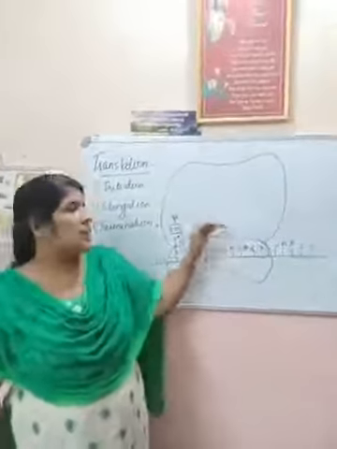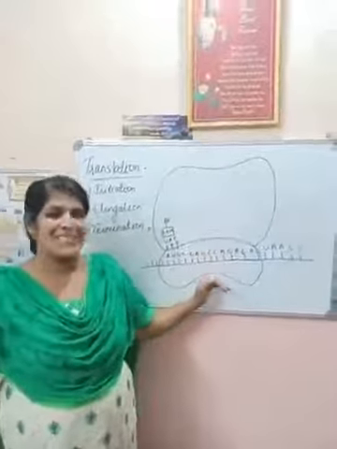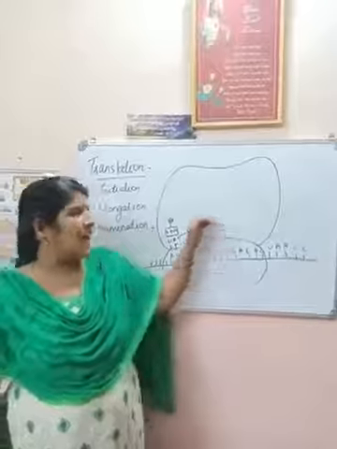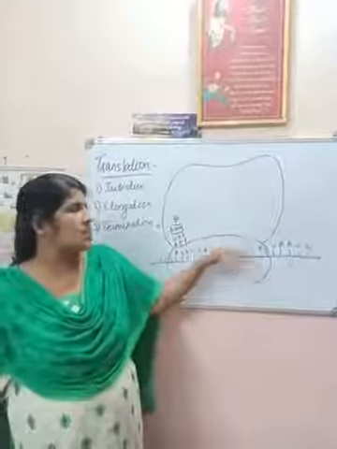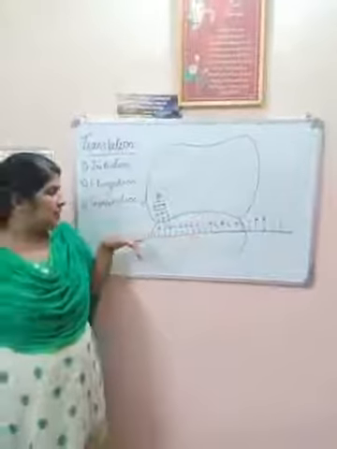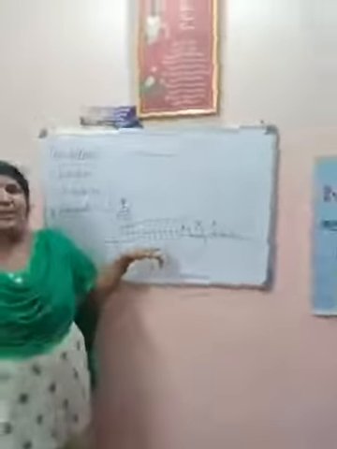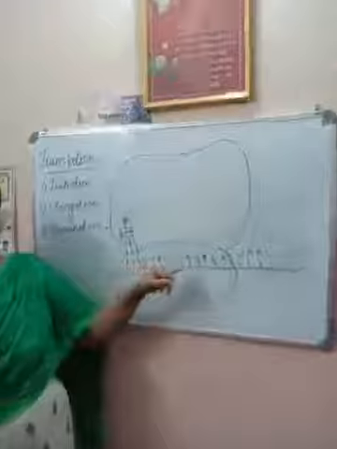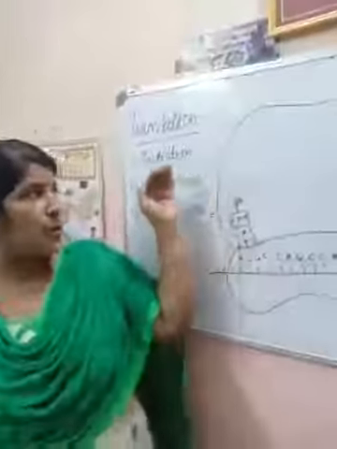The ribosome consists of two subunits, the smaller subunit and the larger subunit. When the smaller subunit encounters the mRNA, the initiation process starts.